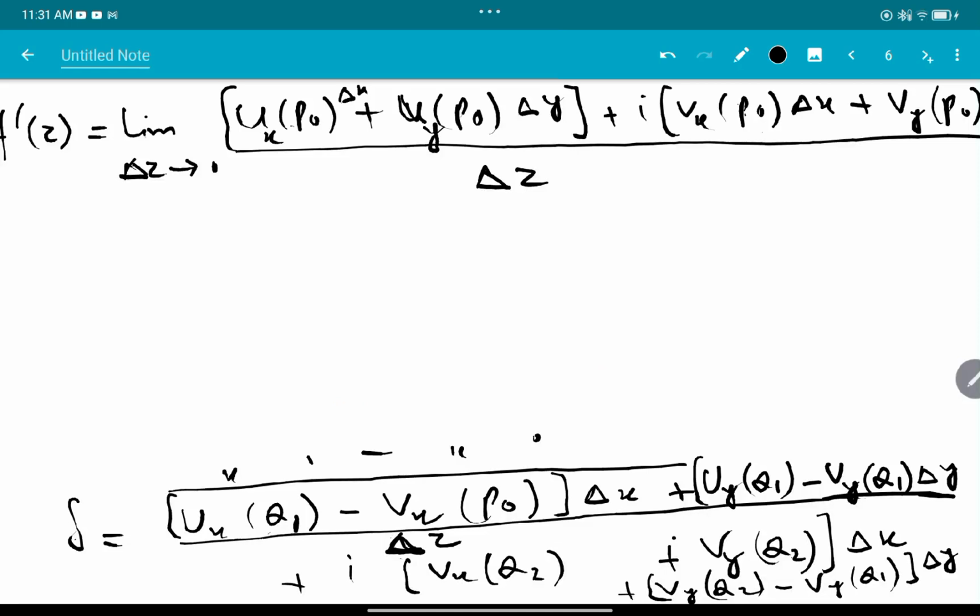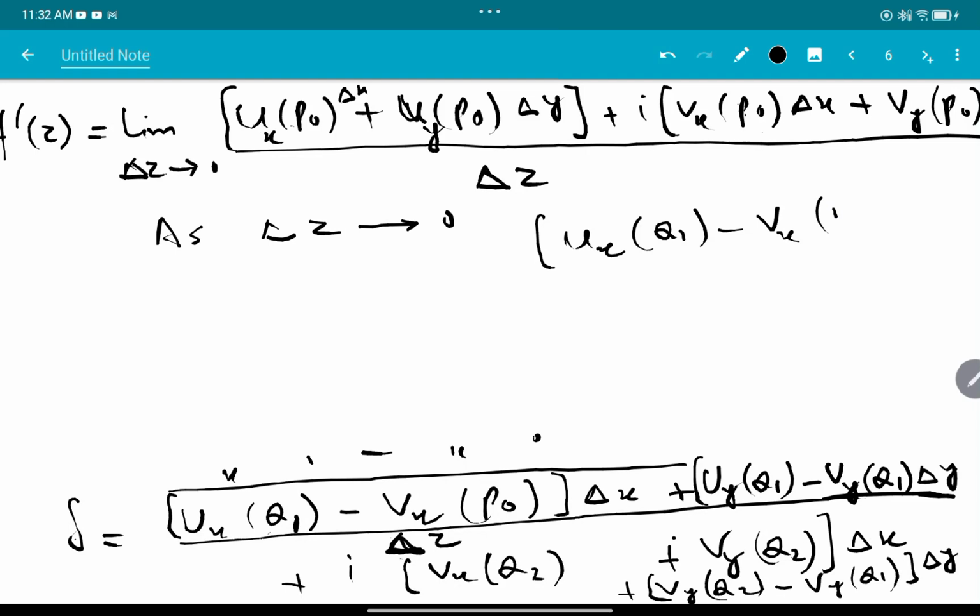Now, what is that? As delta z tends to 0, what about this term? This bracketed term, say UXQ1 minus VXP1.